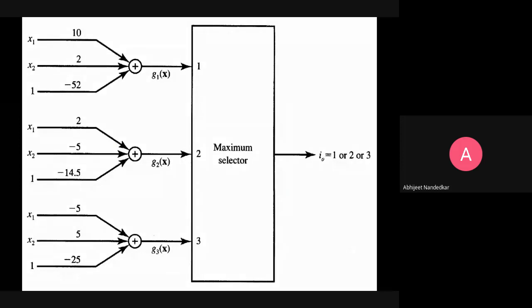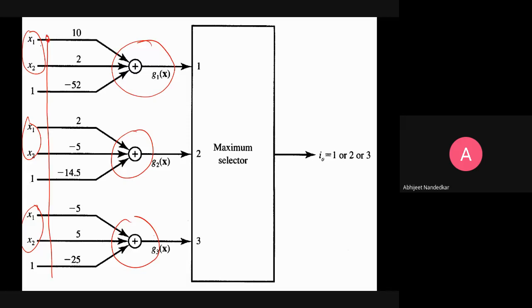We can make an arrangement like this, where this node is implementing G1(x), G2(x), and G3(x). You see, all are receiving the same inputs. I can even join them like this. So these are common terminals, and this is a constant terminal 1, which is representing the Wn plus 1 component.